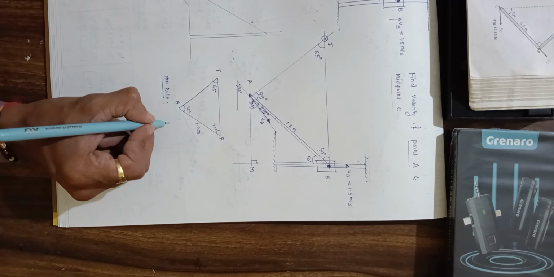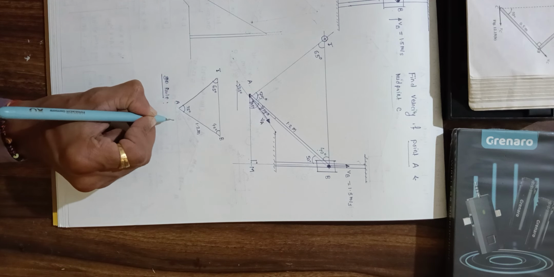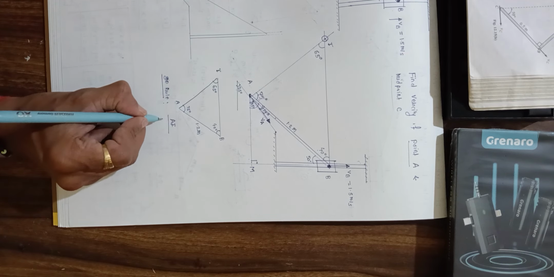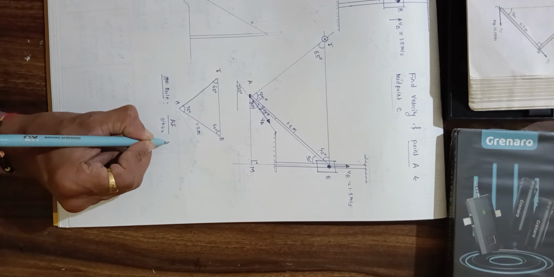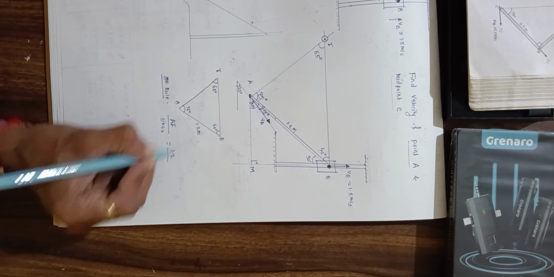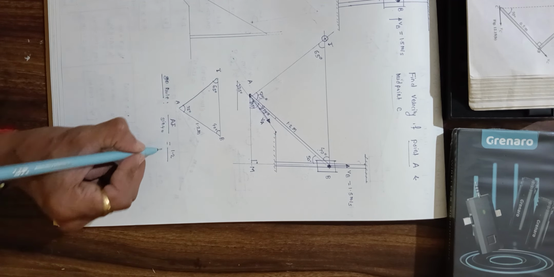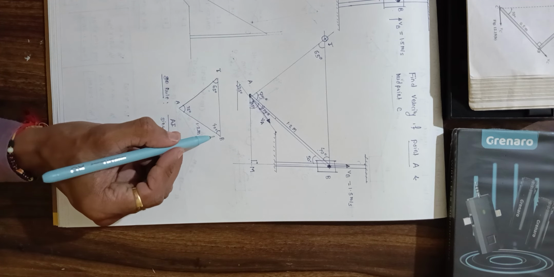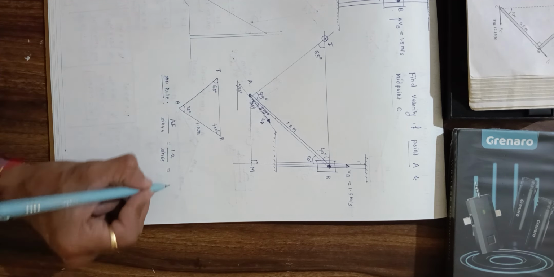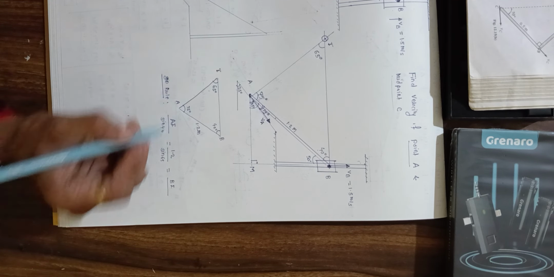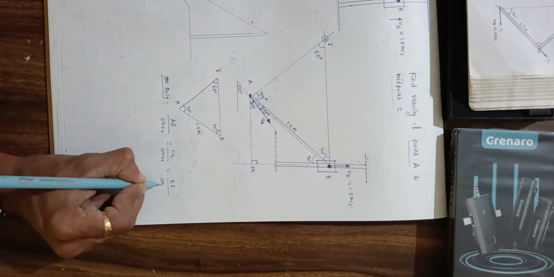By the sine rule, distance AI upon sine of the opposite angle, sine 40, is equal to the known 1.2 upon sine of the opposite angle, sine 65, equal to distance BI upon sine 75.